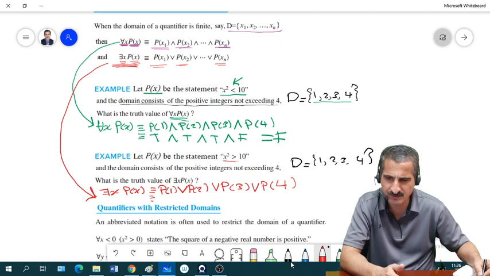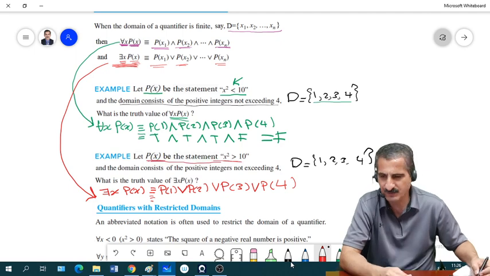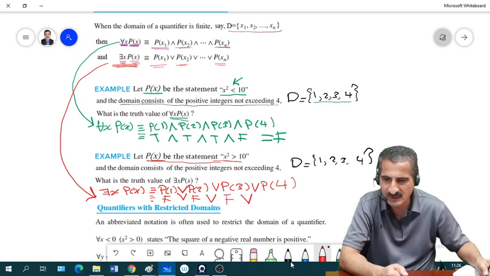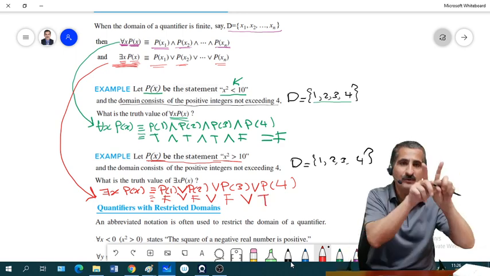P of 1 is false, since 1 squared is 1. P of 2: 2 squared is 4, not greater than 10, so false. P of 3 is 9, not greater than 10, false. P of 4 is 16, which is greater than 10, so true. So we have false or false or false or true. We have true on one side, so the truth value of this is true.